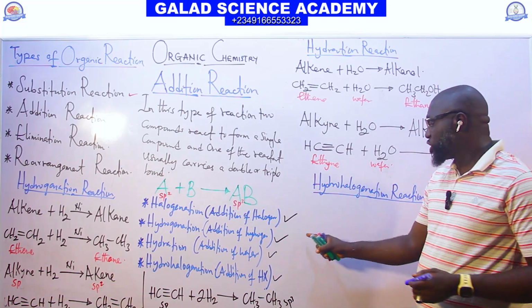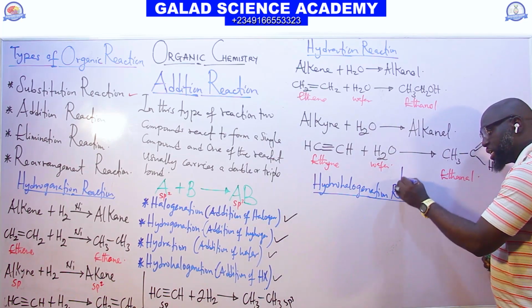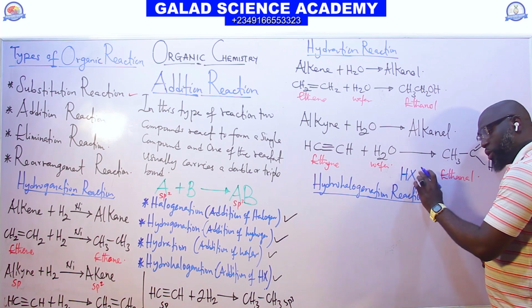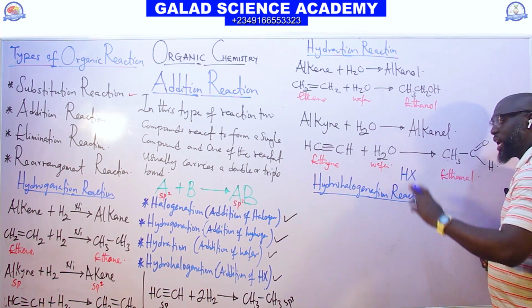Hydrohalogenation means addition of hydrogen halide, HX. This X may be chlorine, bromine or iodine.